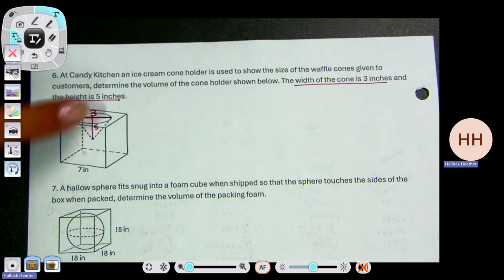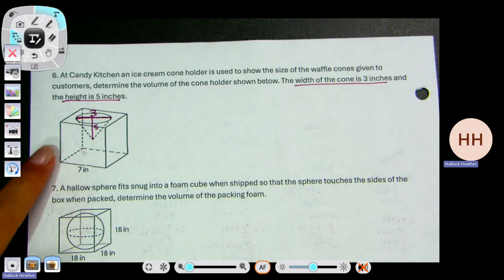No, it's not filled with anything. So should I add them or subtract them? Subtract. Because the cone fits into it. It's hollow because it's holding the ice cream cone for display. So we're going to subtract them because it's hollow on the inside.